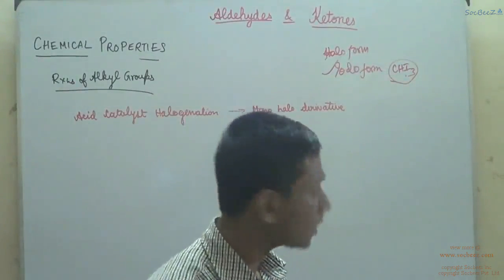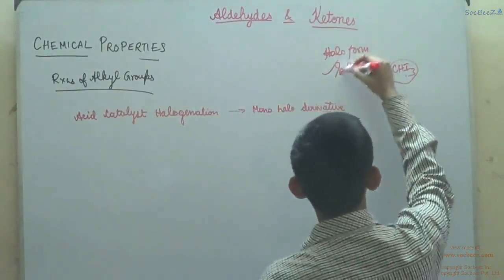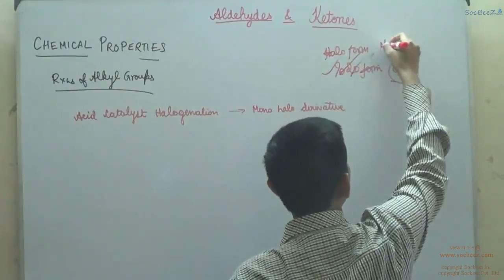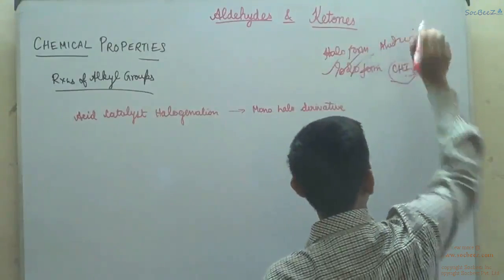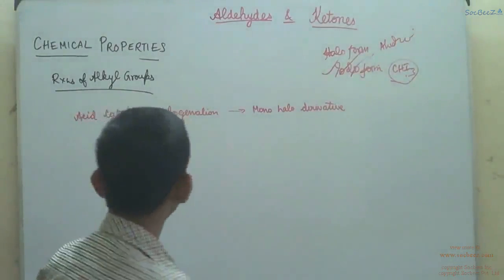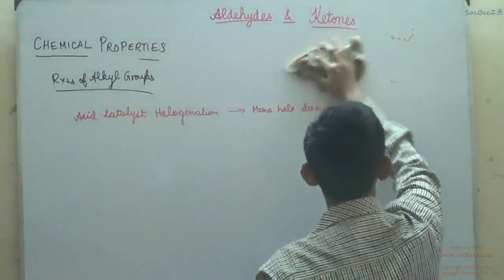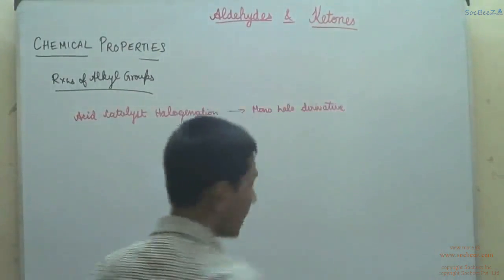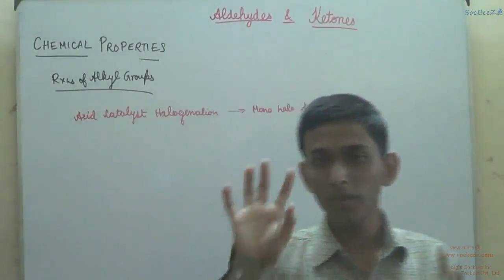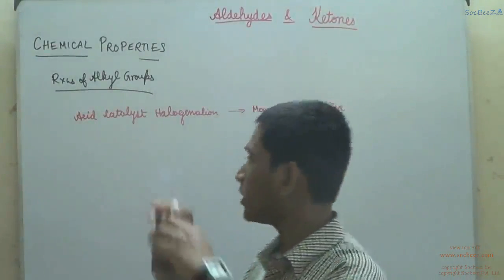The haloform reaction was partly discussed in the alcohols chapter also, about the formation of haloform. But that is one more reaction. So I told you I'll not be going into great depth on the reactions of the alkyl group, but I'm just mentioning some brief key features of this part.